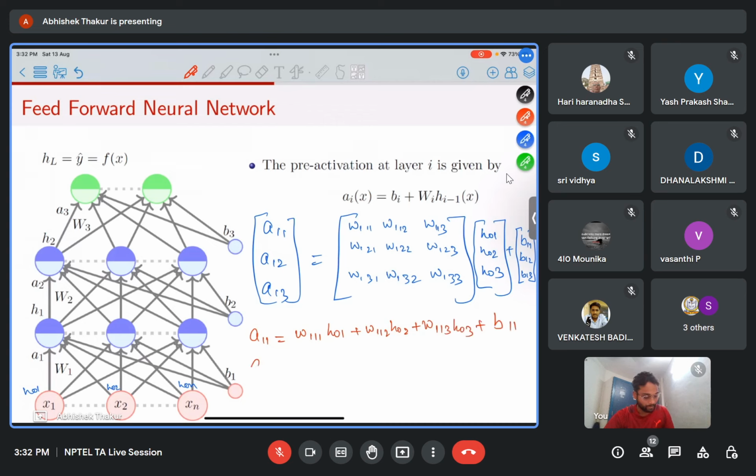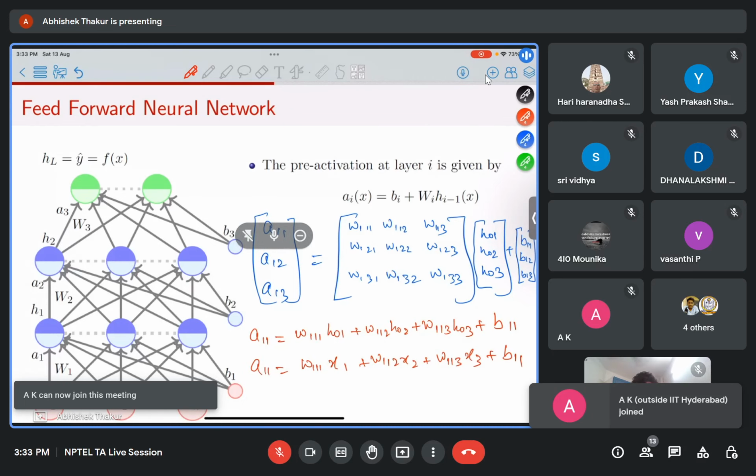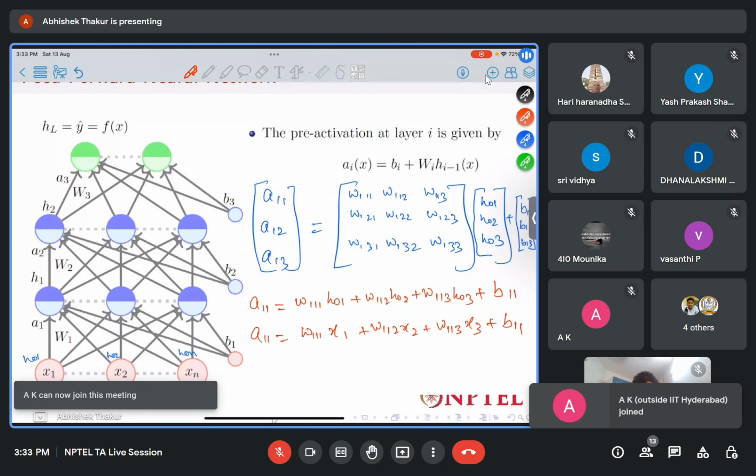And here our h naught 1 will be x1, h naught 2 will be x2 and h naught 3 will be x3, that is the input. So in this way we can write a11. Similarly we can write for a12 and a13 also in this way.